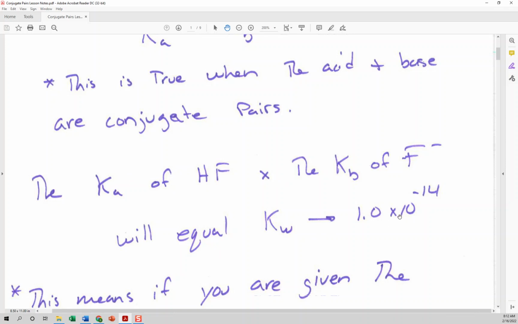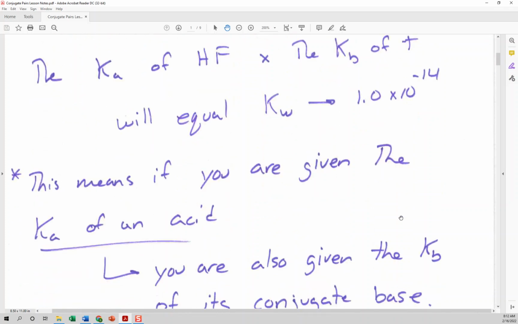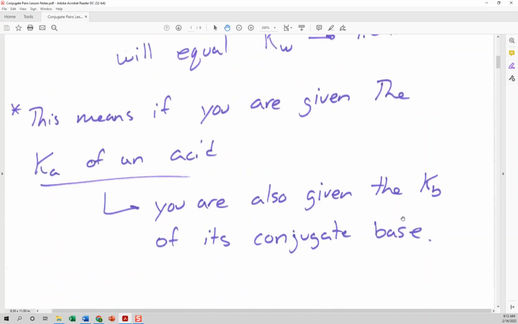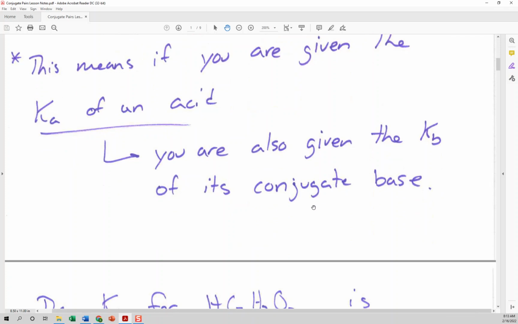It will always equal Kw, all right? So if you're given a Ka of a weak acid, and again, you would only be given a Ka for a weak acid because strong acids don't get a Ka value, right? You're also given the Kb of its conjugate base. Just indirectly. You got to recognize that, all right?